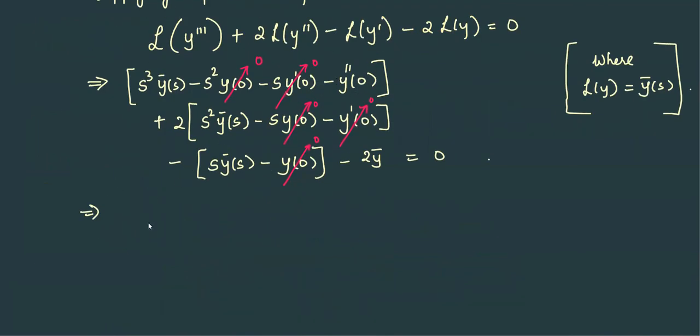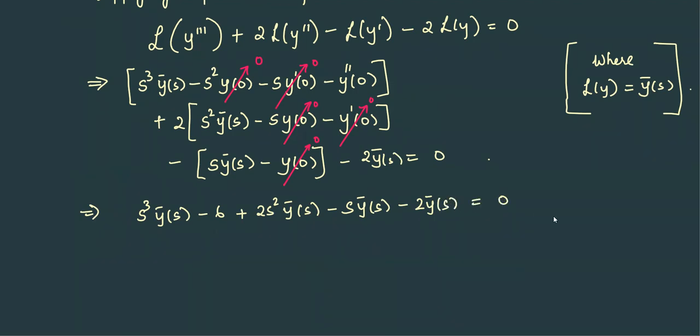So simplified version, you get s cube into y bar s minus 6 plus 2s square into y bar s minus s y bar s minus 2y bar s is equal to 0.